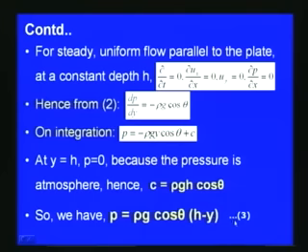We got an expression for the pressure using the standard procedure of integration, and then applying the boundary condition. This expression, equation 3, gives the pressure distribution for the flow.